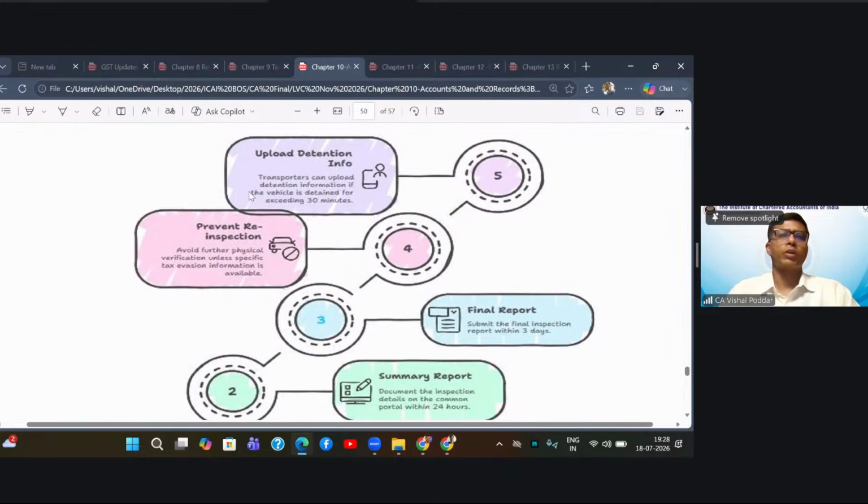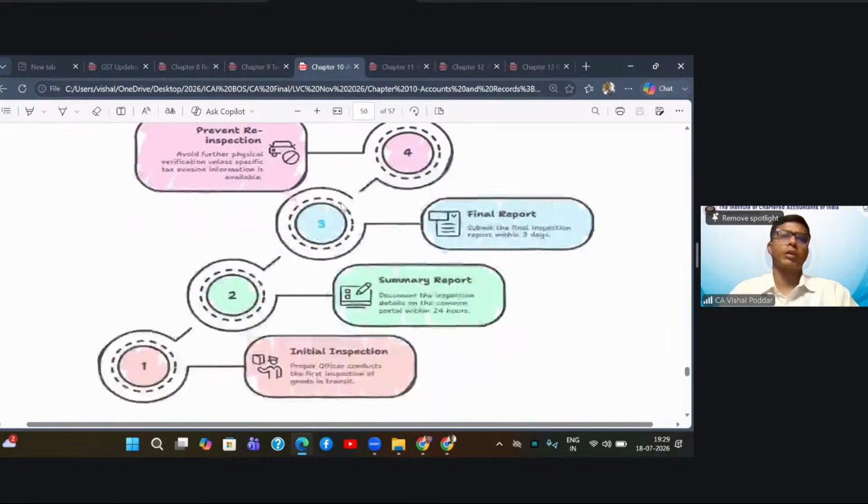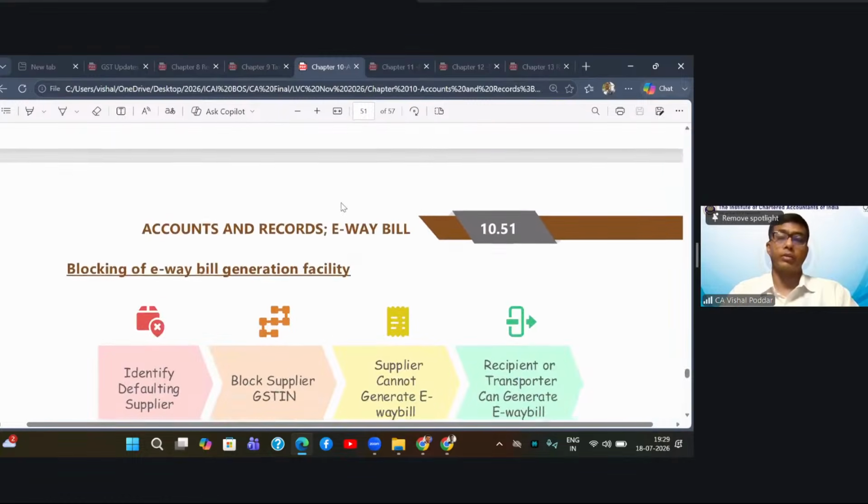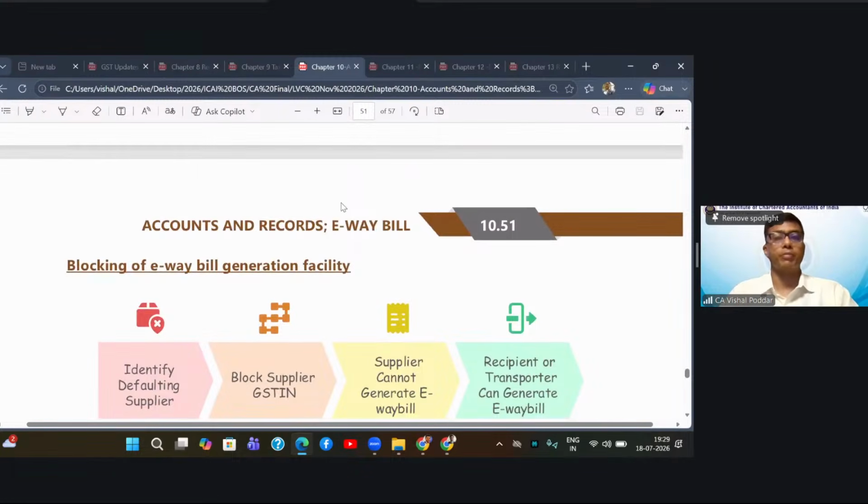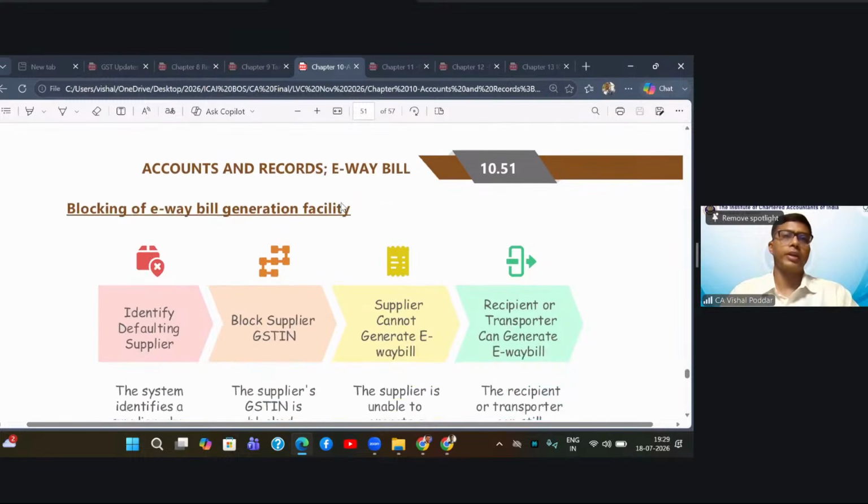So the transporter can upload the detention information if the vehicle is detained for exceeding 30 minutes. Wherever the vehicle is stopped for 30 minutes and the officer has not generated proper documents, the transporter can upload its report if within 30 minutes the officer has not generated its report.